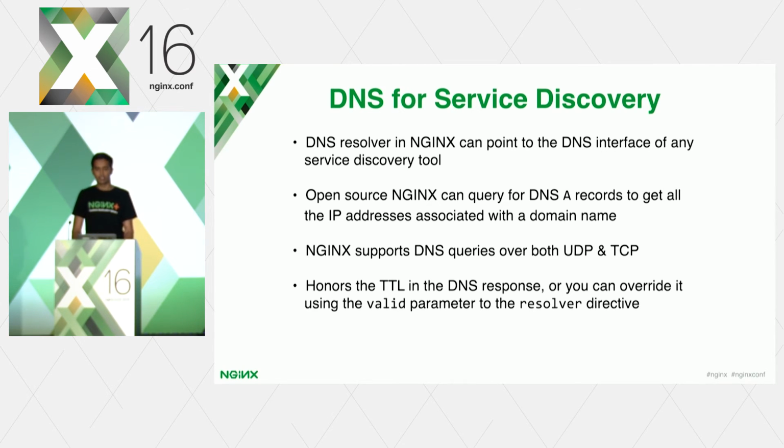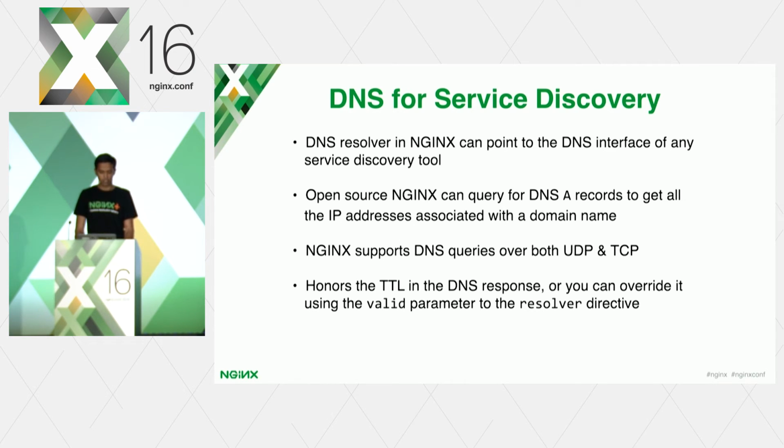By default, it sends queries over UDP, but if there are a large number of IP addresses associated with a single domain, it's going to send a truncate flag set in the response, which NGINX will use to detect and switch the queries over TCP, which can handle many more IP addresses because it doesn't have the limitation of the 512-byte UDP datagram.